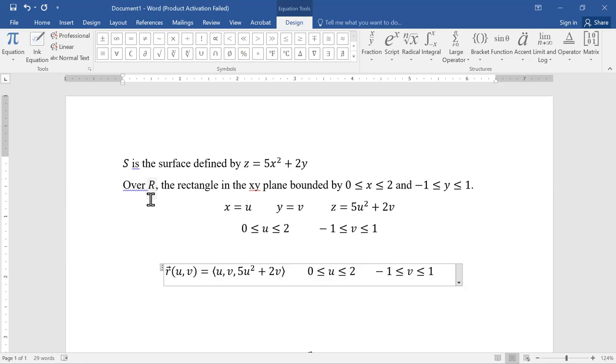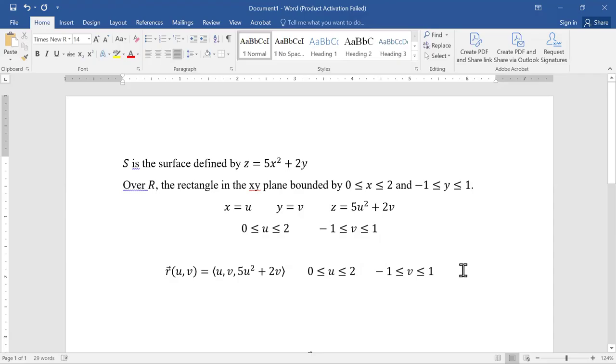We called R the rectangle, but our region in the UV plane in this case is the same as the region in the XY plane because our bounds are numerical in the XY plane. That won't always be the case. So the algebra of doing a parameterization is just that in this case.